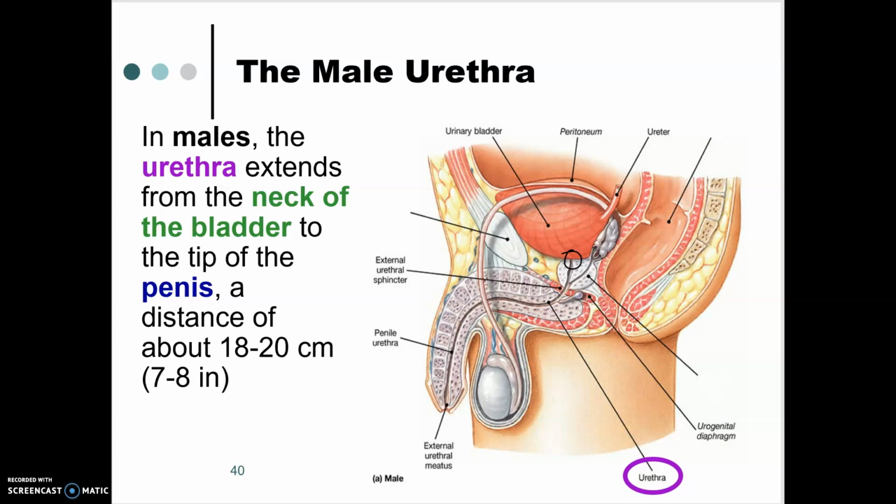Well, you can see up here, this is the beginning of the reproductive system for the male. We've got a couple of sets of glands that the urethra shares with the reproductive system. So the urethra from the neck of the bladder to the tip of the penis travels about 18 to 20 centimeters, so it's a considerable amount longer than what we see in the female.